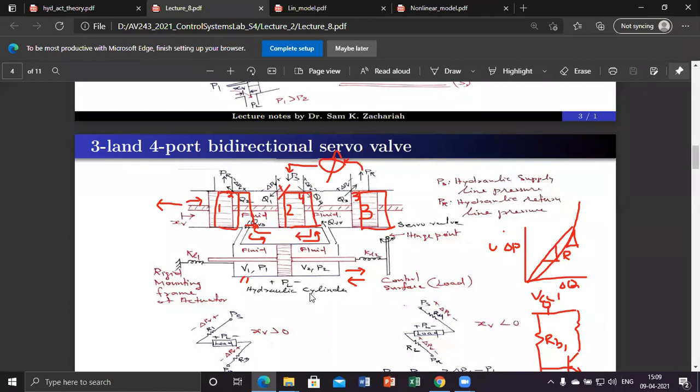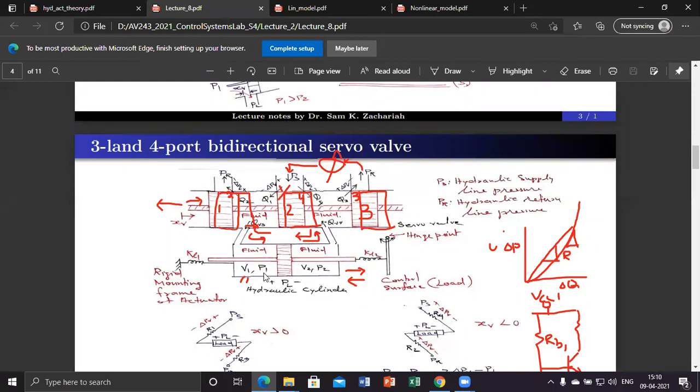The system is at null. Now suddenly, if we give a small motion to XV, there is a small flow entering from PS to the forward chamber, and simultaneously there will be a return flow from the return chamber to the reservoir. Because of this additional flow entering the forward chamber, the pressure P1 will increase, say from 100 bar to 105 bar.